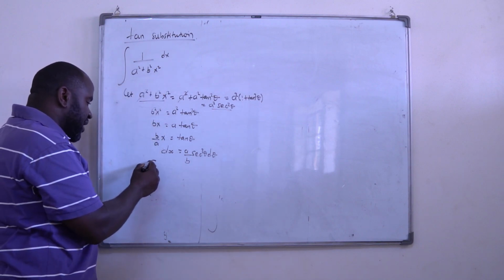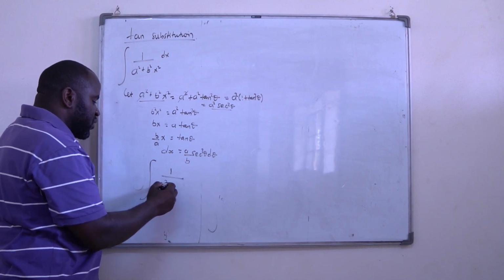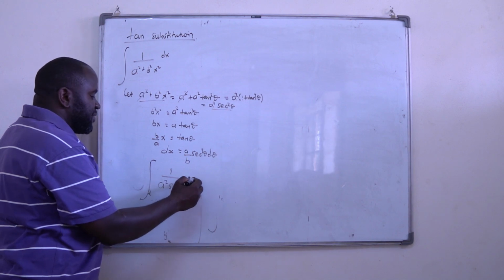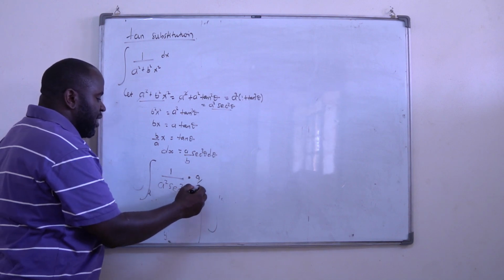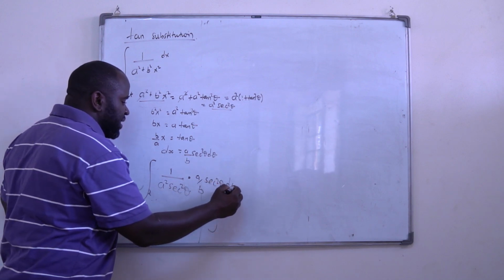So when I substitute, I'll have the integral of 1 out of a squared sec squared of theta times dx, which is a over b sec squared of theta d theta.